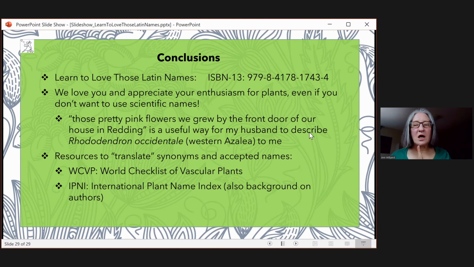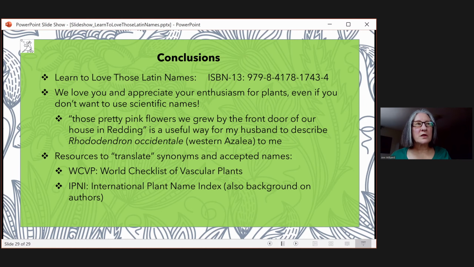My husband still calls them, more than 30 years later, those pretty pink flowers we grew by the front door of our house in Reading. He knows exactly what they are. He recognizes them at anyone else's house or the native relatives in the field. But he said, oh, those are related to those pretty pink flowers we grew by the front door of our house in Reading. So I'm just telling you that that works.